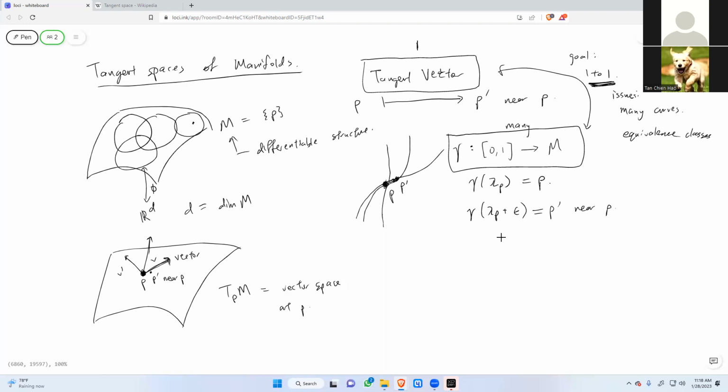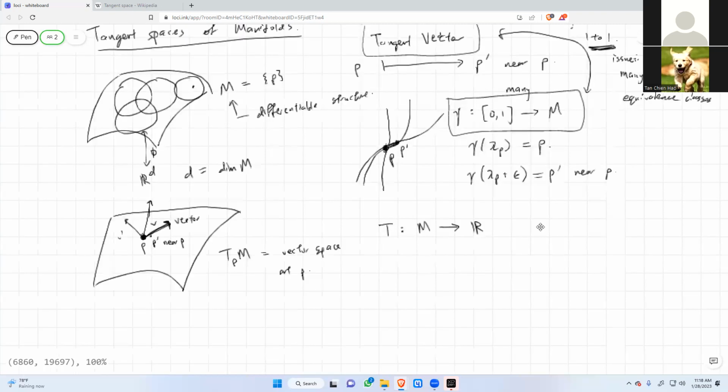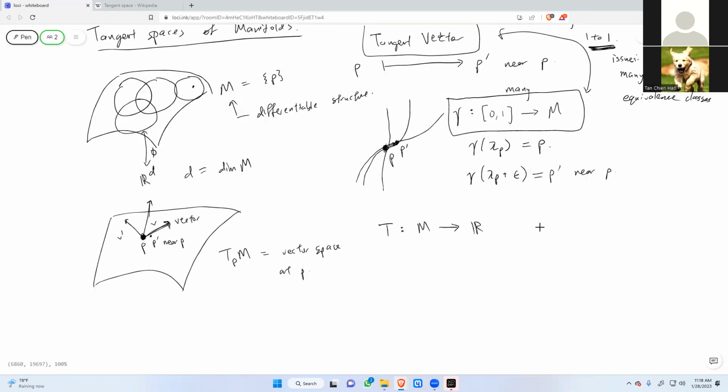Okay, so how do we construct this mapping? Let's say we have a curve on the manifold, and let's say there's a function, I'll just call it a temperature function T. It can be any other function that maps a point on the manifold to a real value, a real valued function on the manifold.